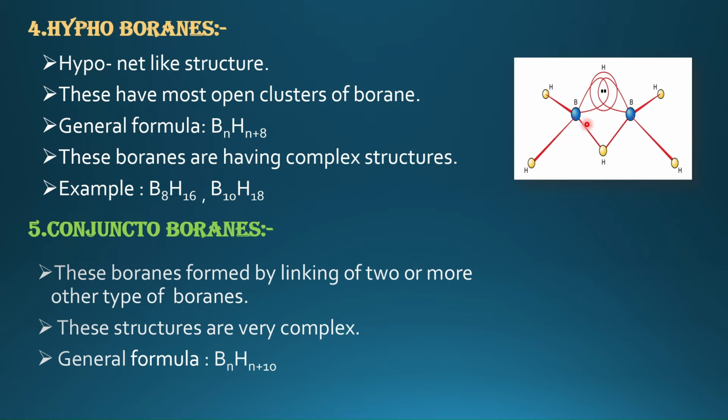This is the structure of hypoboranes. Fifth is conjunctoboranes. These boranes are formed by linking of two or more other types of boranes. These structures are very complex and the general formula is BnHn+10.